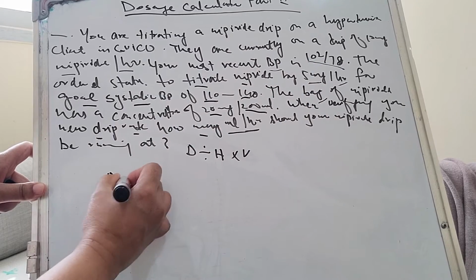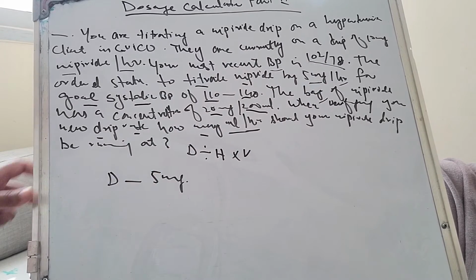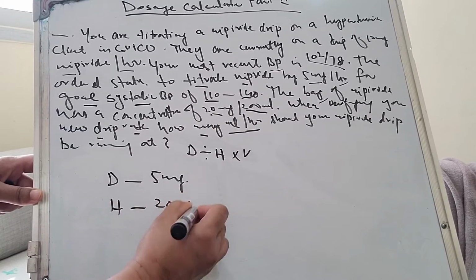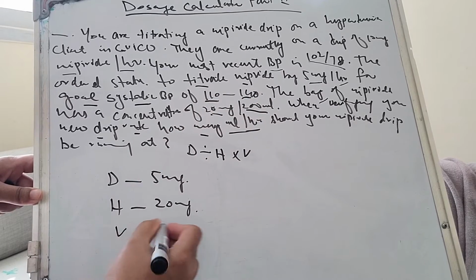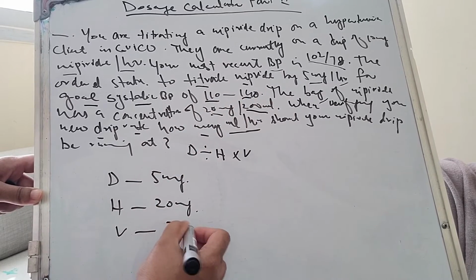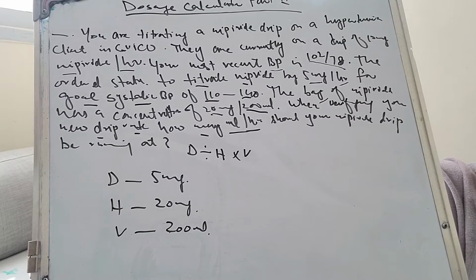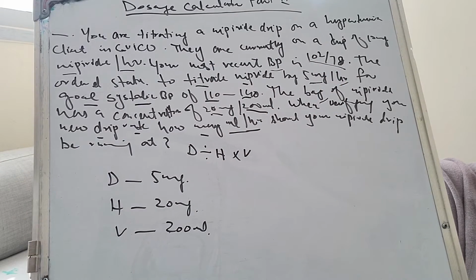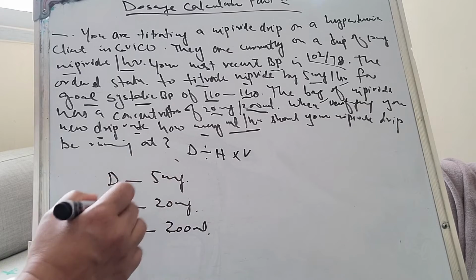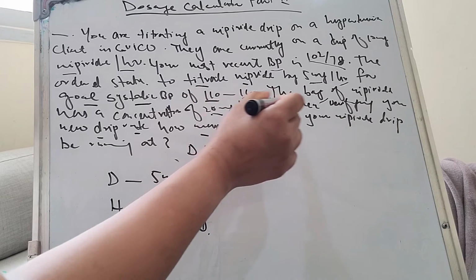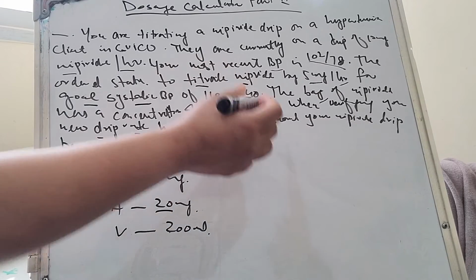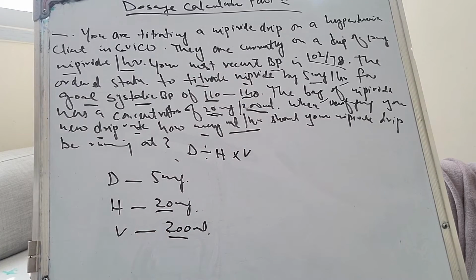What is in our hand? 20 milligram. Our vehicle is 200 ml. The have is the drip the nurse received from the pharmacy, 20 milligram per 200 ml.